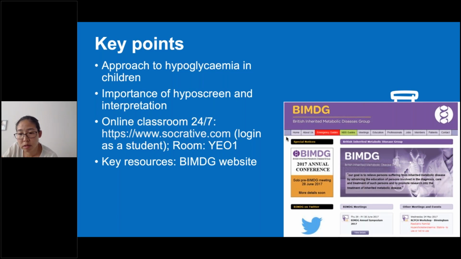Next question. I had a baby who needs a glucose infusion rate around 9 for a week and is unable to wean down, but I also cannot perform a hypo screen due to the borderline glucose infusion rate. Do you have any advice on this? I think you need to at least send your ACR carnitine profile, plasma amino acids, and urine organic acids. Those things can be sent even if you're not hypo at that point in time.